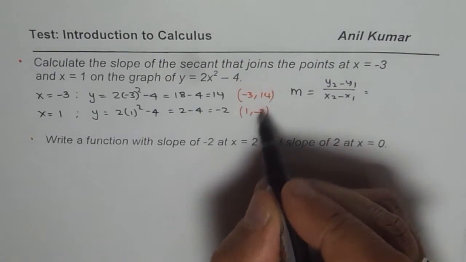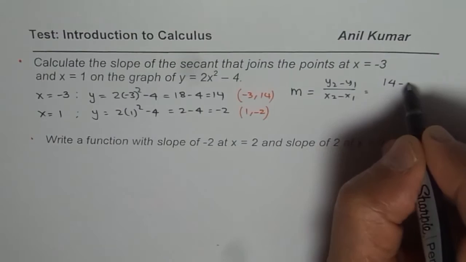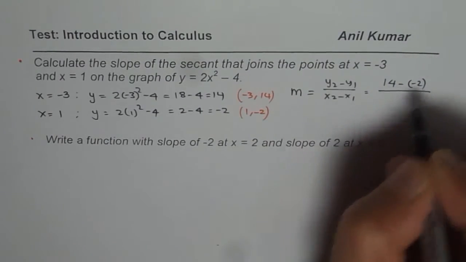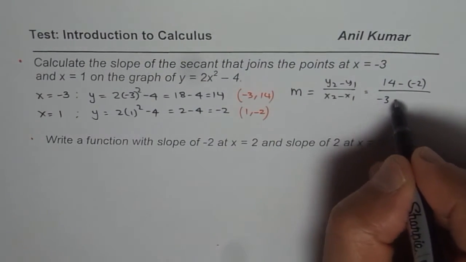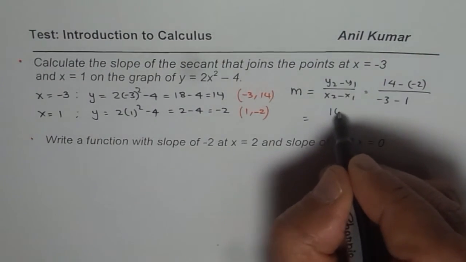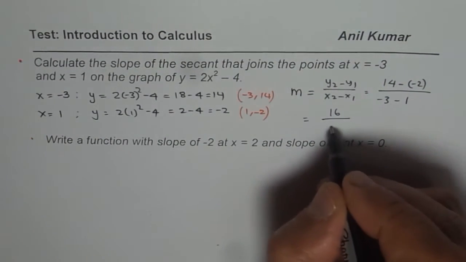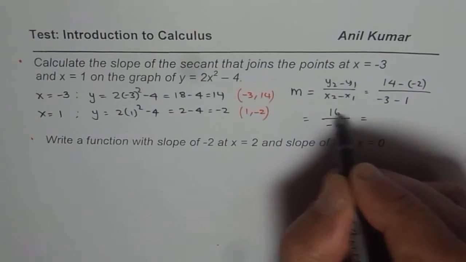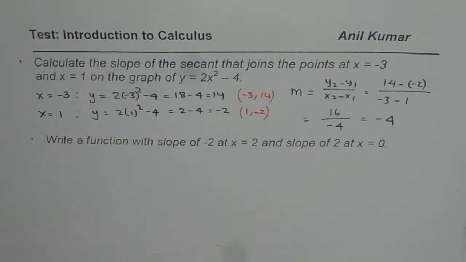In this case, 14 minus 2 divided by minus 3 minus 1, and that gives us 14 minus 2 is 16, minus 3 minus 1 is minus 4, and therefore it is minus 4. So the slope of the secant is minus 4.